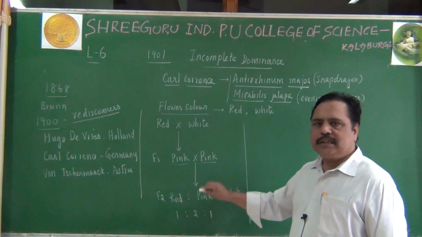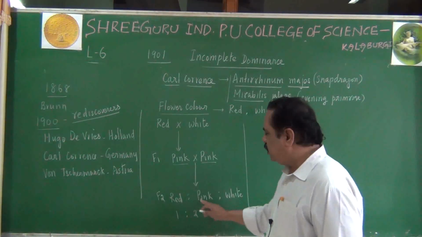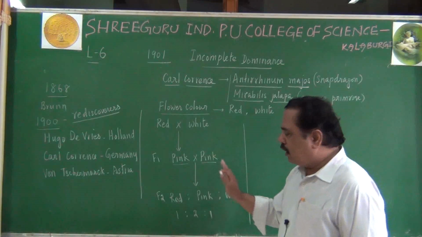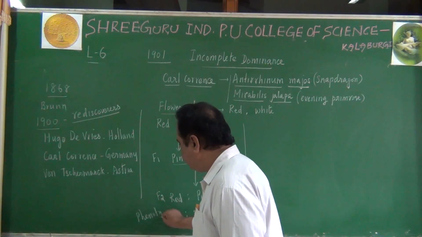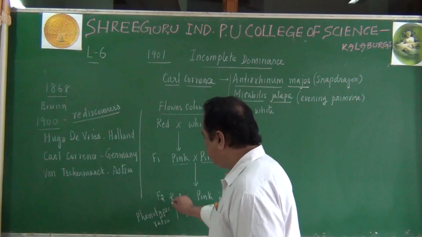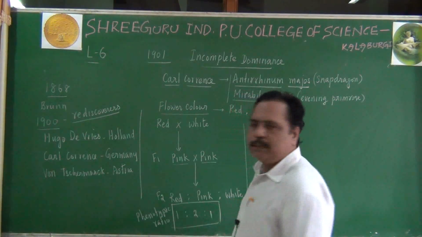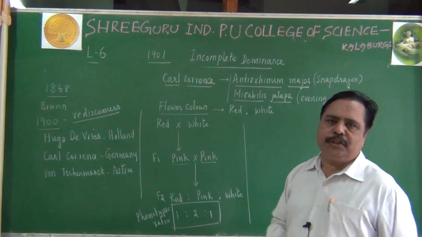It has deviated from the popular ratio, and the phenotypic ratio of this cross is 1:2:1, not 3:1. So this is the phenotypic ratio. What is the phenotypic ratio of incomplete dominance? It is 1:2:1. We expected 3:1, but it has become 1:2:1.